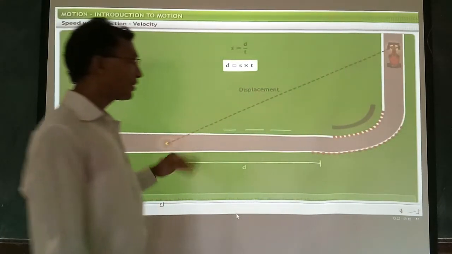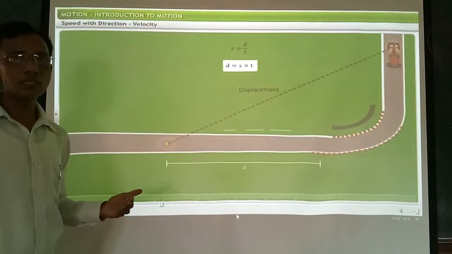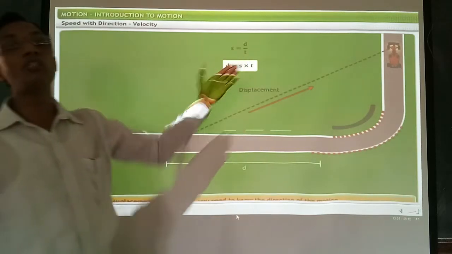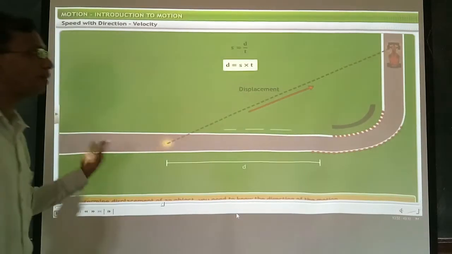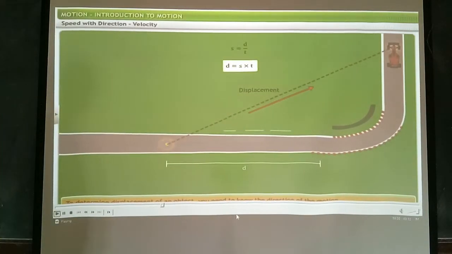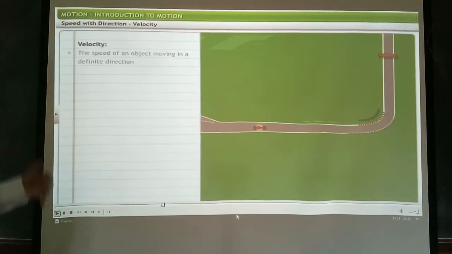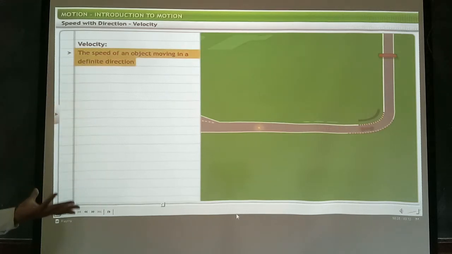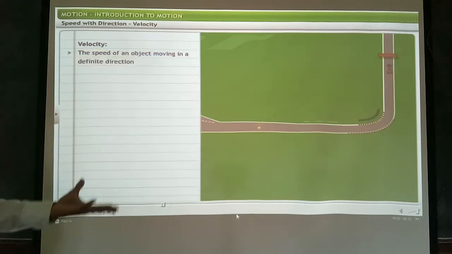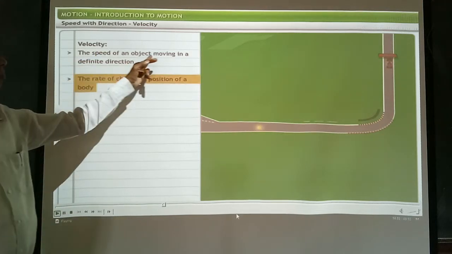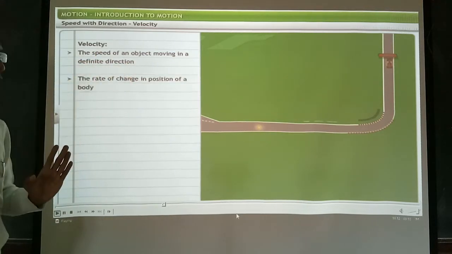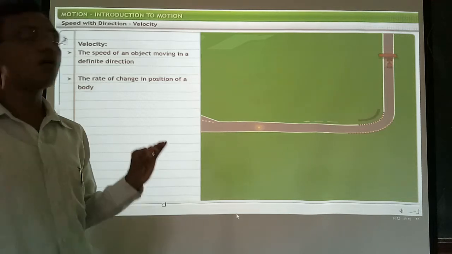We calculate the displacement of this car, that is final position minus initial position, the shortest distance. It is known as the displacement, as we previously discussed. As you know, speed equals distance upon time, and with that we calculate the average speed.